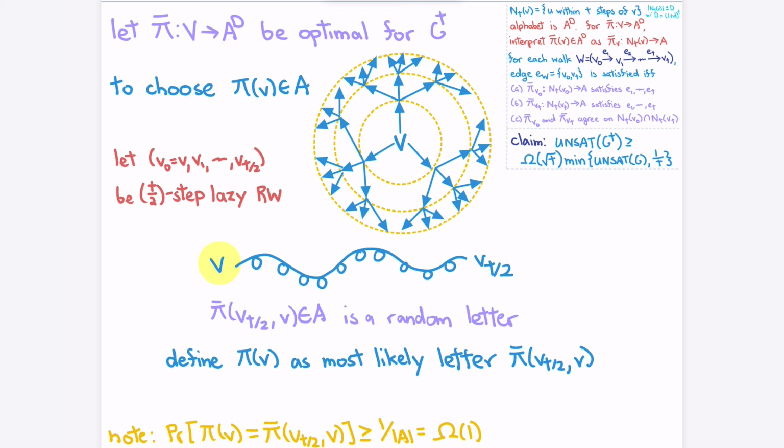Now you can imagine doing this experiment ad infinitum, and there will be some most common letter that appears when you run this experiment. Take 5 lazy steps, see what letter that vertex assigns you. Different vertices may have different opinions of you, but there will be some most common opinion based on what you find in this random walk.